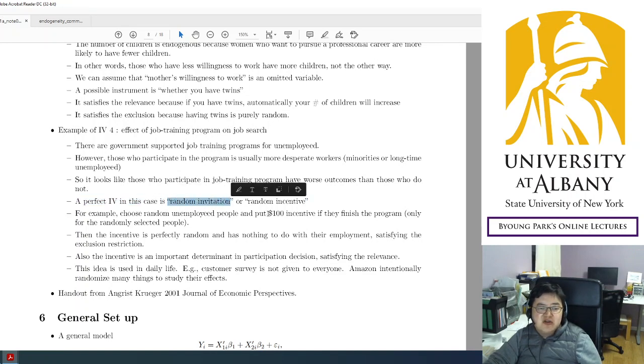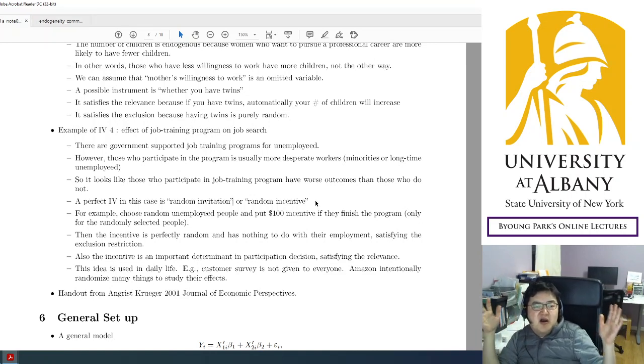This is a very interesting instrument because invitation or incentives is easy to randomize. So think about this. Suppose that there are a set of unemployed people, and you randomly choose some of them and provide, I'll say, that I'll give you $100 if you attend the job training program.